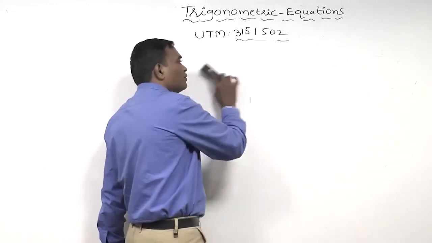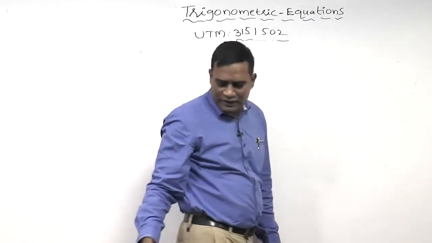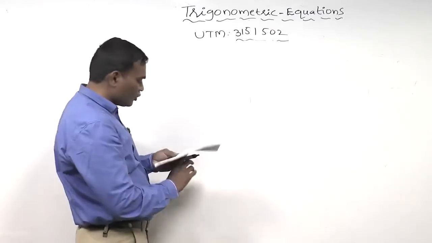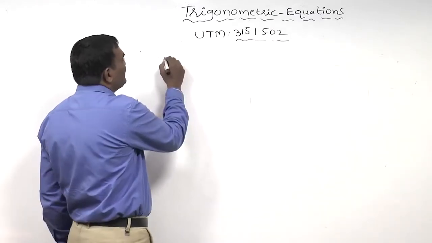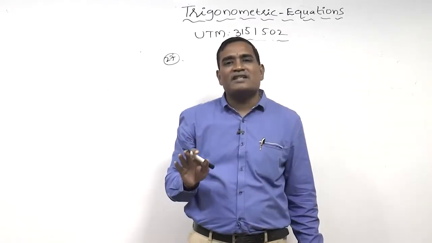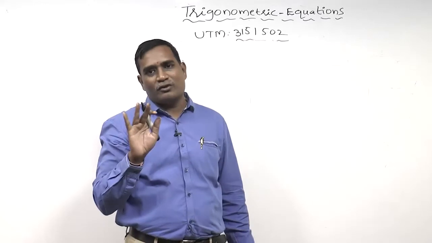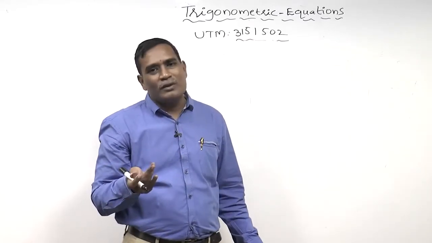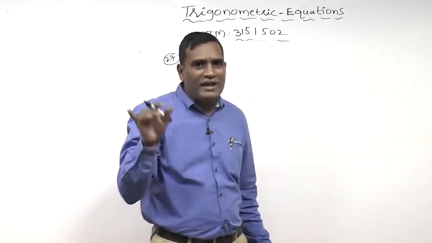Positive plus positive, you will get a positive value only. But here the given sum should be equal to 0. A sum can be 0 only if one is positive and another is negative. But here both are positive terms, so both values must be equal to 0.